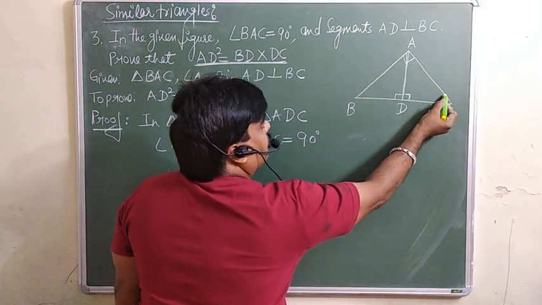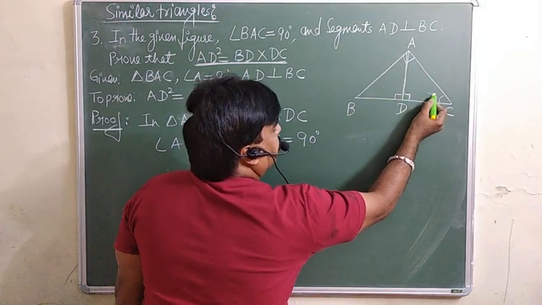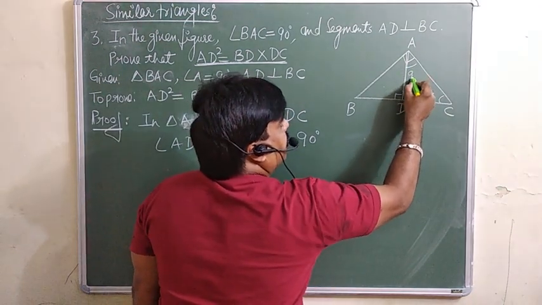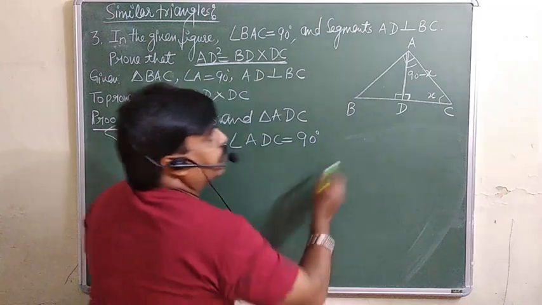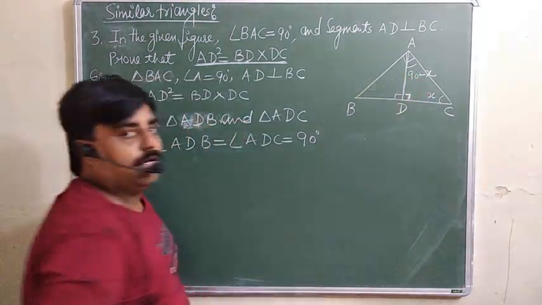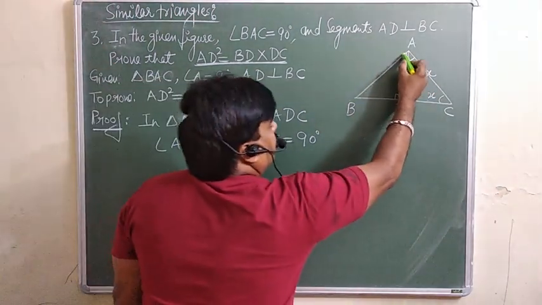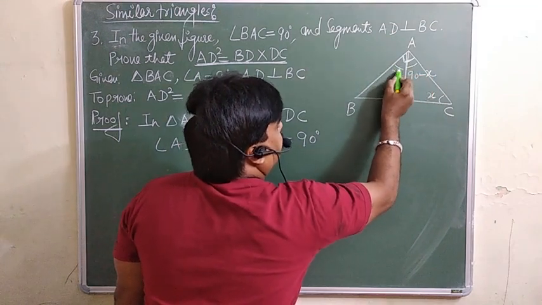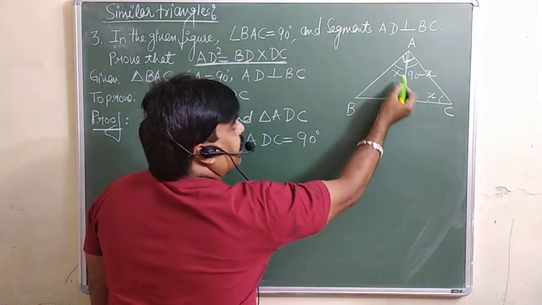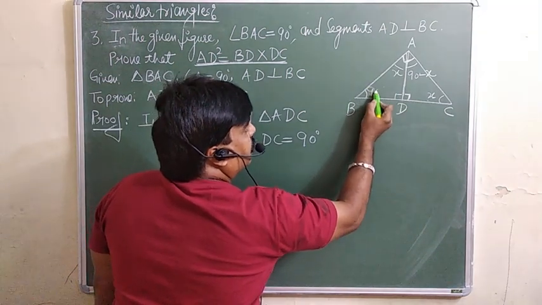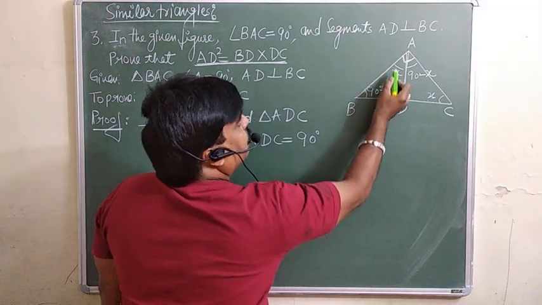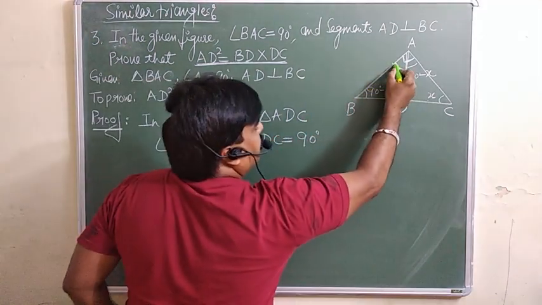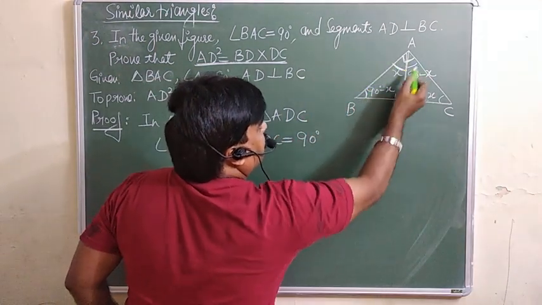Now for our own convenience, if you take this as X and this is 90 degrees, what about this angle? This will be 90 minus X, because the sum of these three angles is equal to 180. Now this is 90 and this is 90 minus X, so what about this? It will be X, and this is X, this is 90, so this will also be 90 minus X.